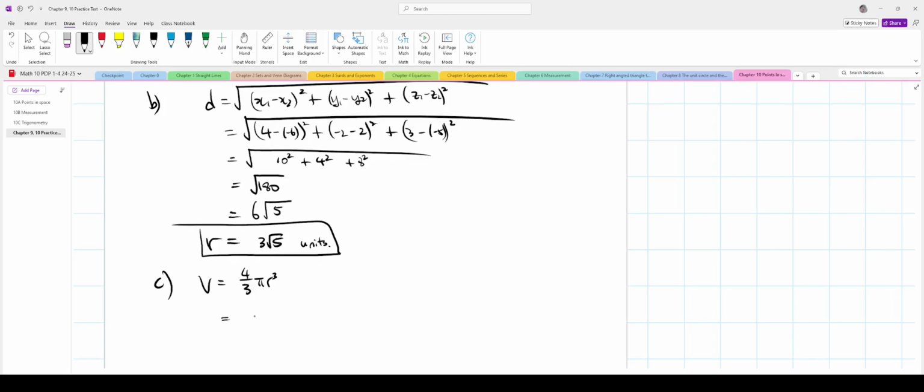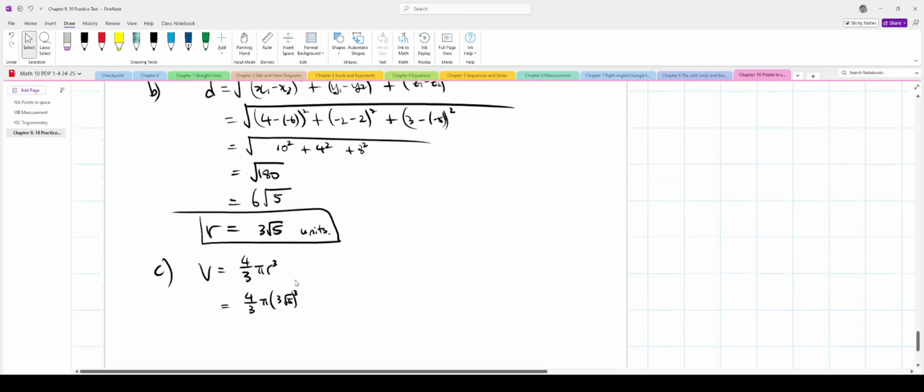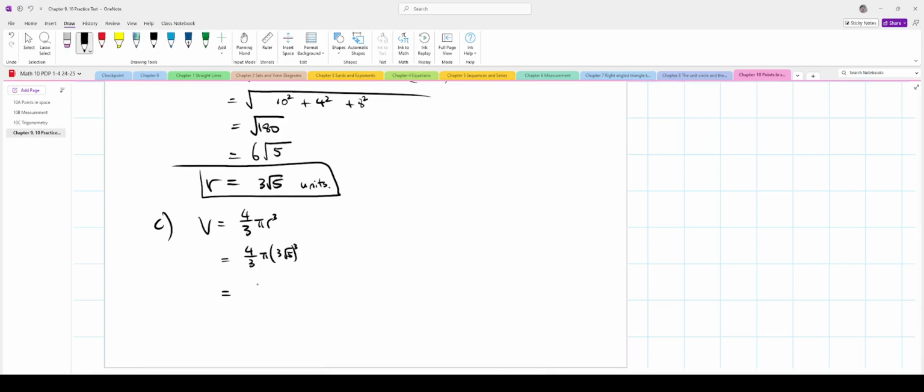So plug in the values. That would be 4 times 9, which is 36. 36 times 5 is, once again, 180, I guess. 180 square root of 5 pi.